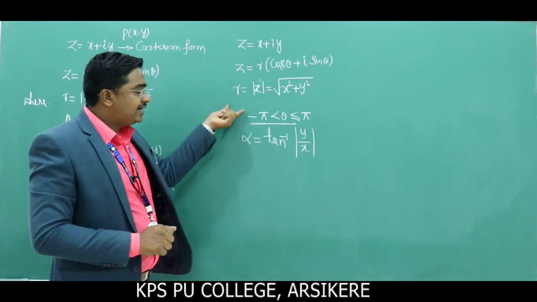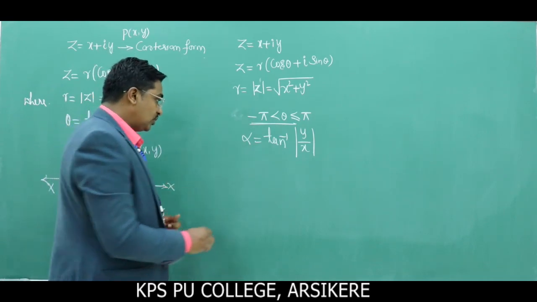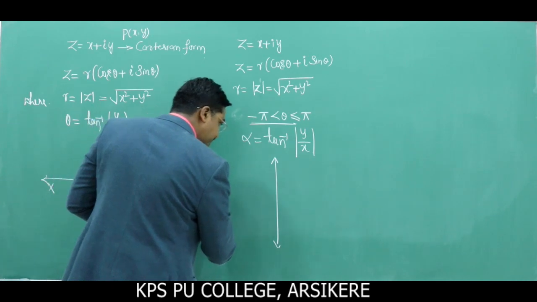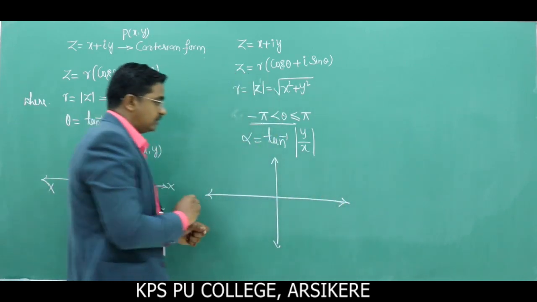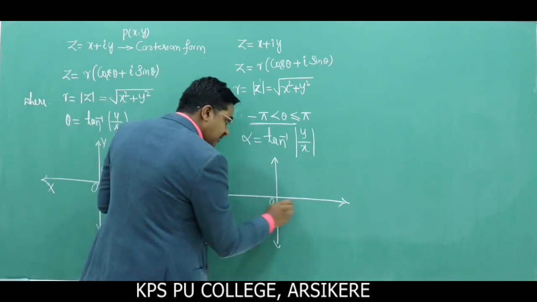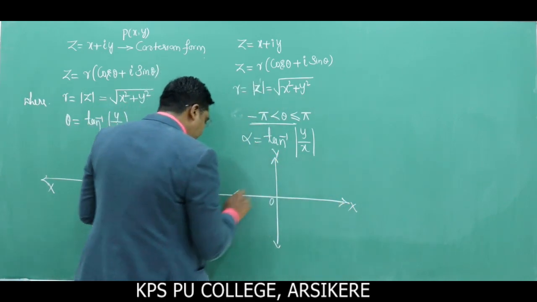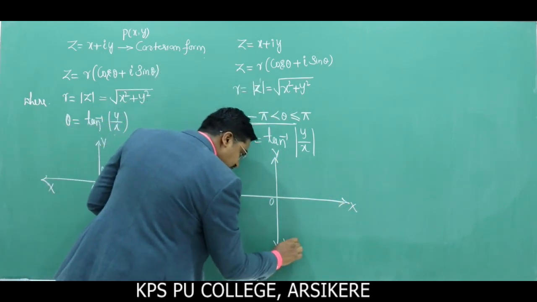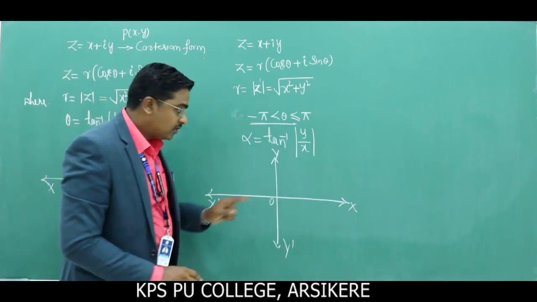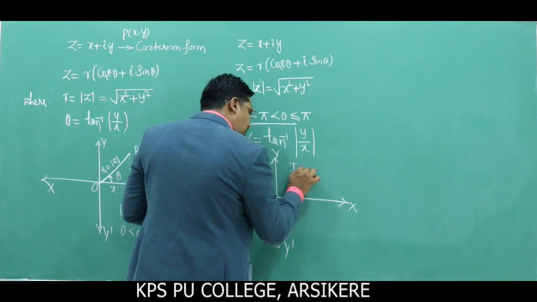Then how to find theta? I'll explain how to find theta here. Here the horizontal line is the x axis, this is y, with x dash and y dash. Here we always go anti-clockwise. This quadrant is called the first quadrant.